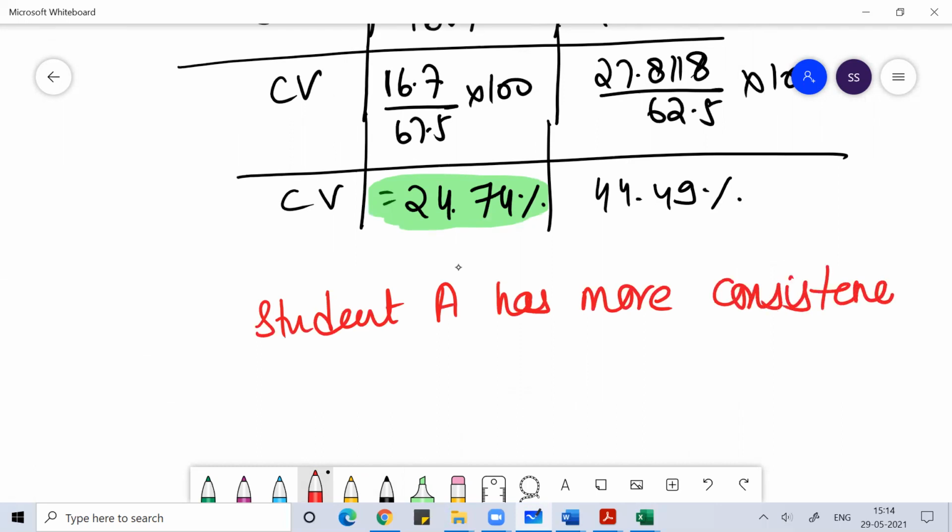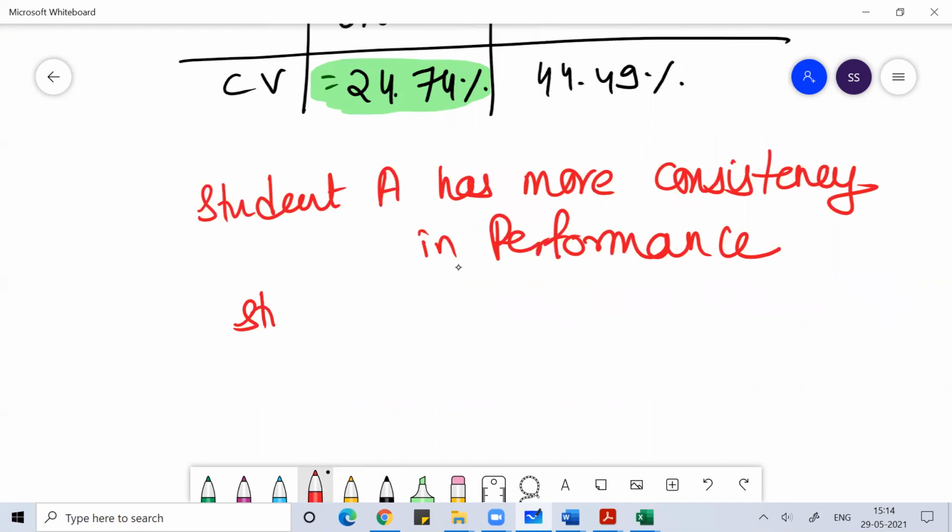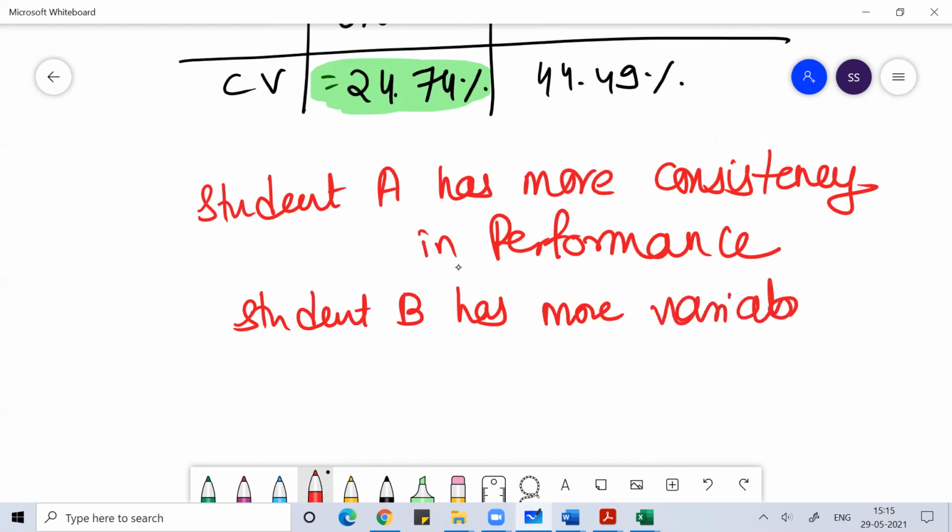You can remember that. While if I talk about student B, student B has more variability in performance.